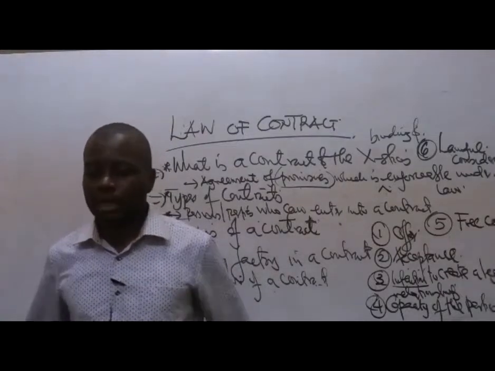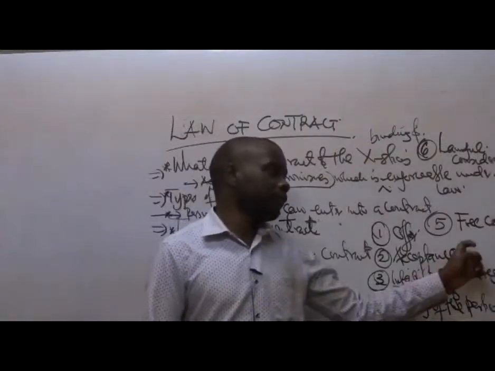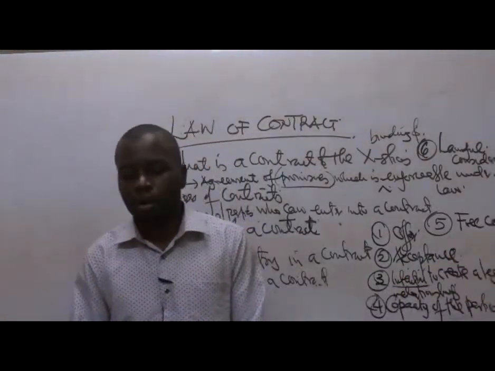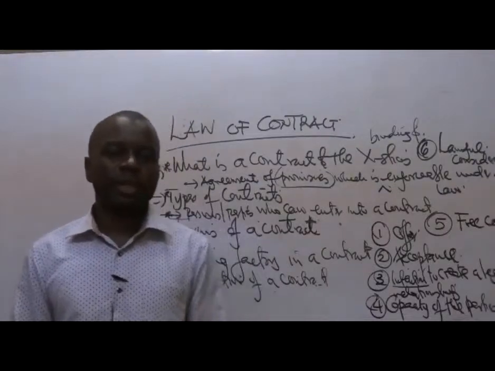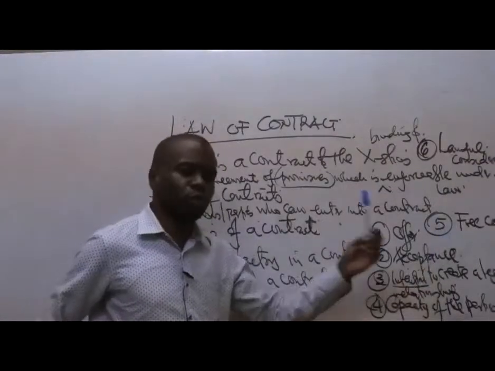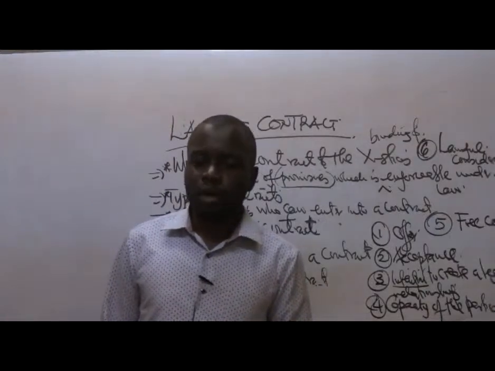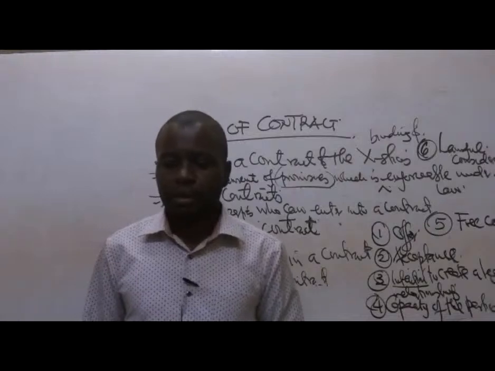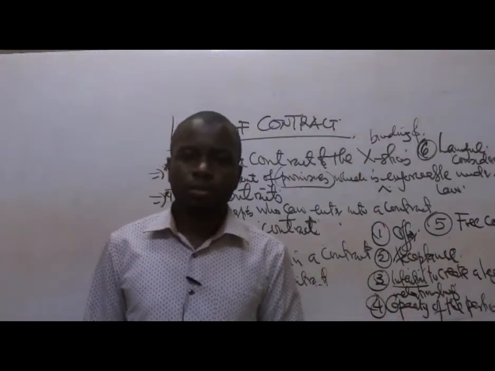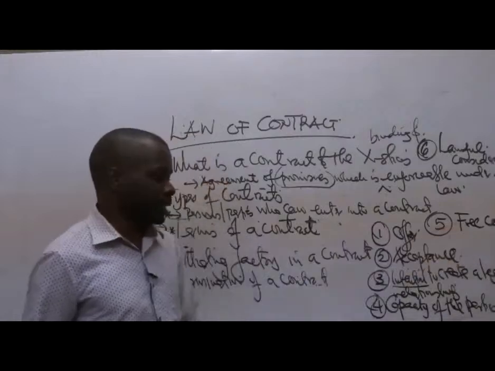So you are paying the loan, but it's not out of free consent. In any contract or agreement, there should be this element of free consent. No party should be forced to enter into a contract, or be threatened or forced. These elements should be present for any valid contract to exist.